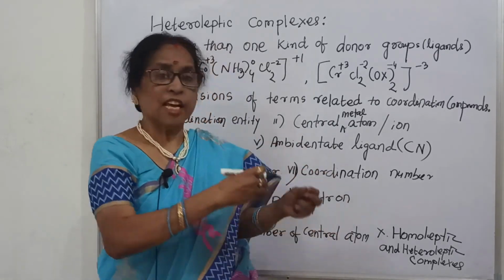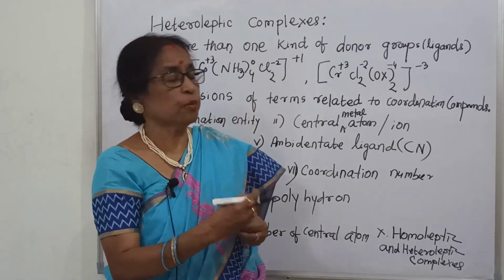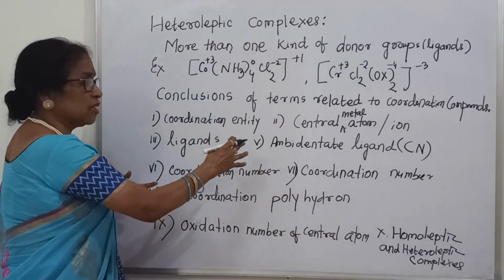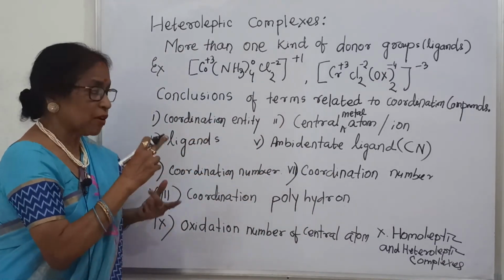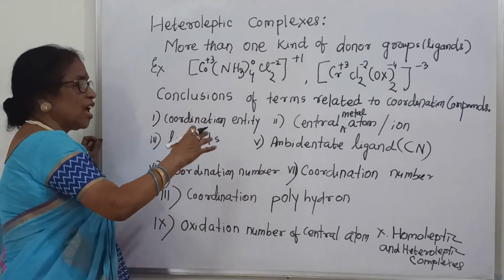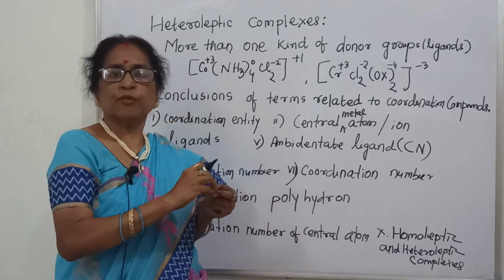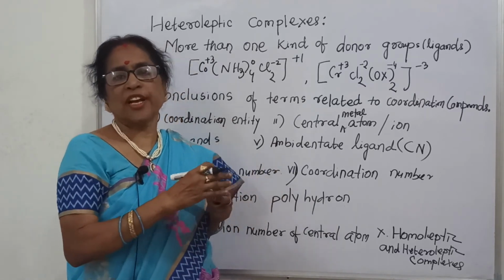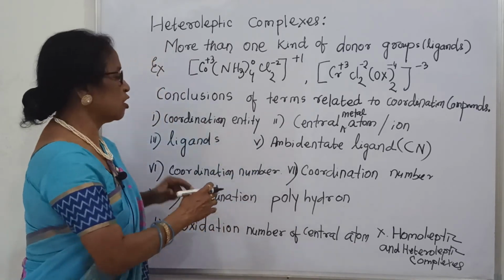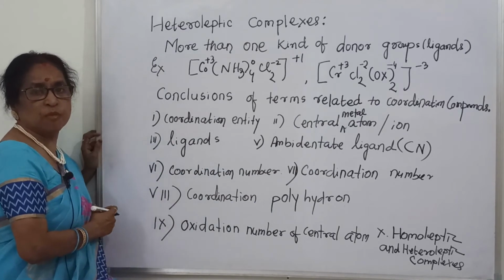If carbon donates, that is called the cyano group. If nitrogen donates the electron pair to the central metal atom, that is called isocyano, and this is called an ambidentate group. Ambidentate means the ligand's atoms both can donate electron pairs, so it is called an ambidentate ligand.